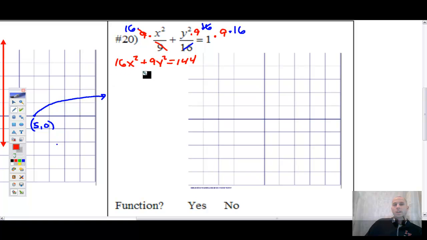Trying to get y by itself, I'm going to subtract 16x squared from both sides. Then divide both sides by 9. 144 divided by 9 is 16. I know that because I multiplied 9 by 16 to get 144.